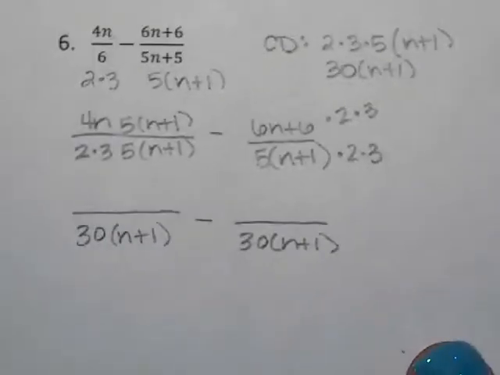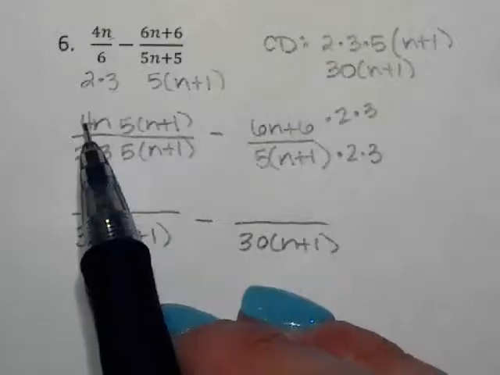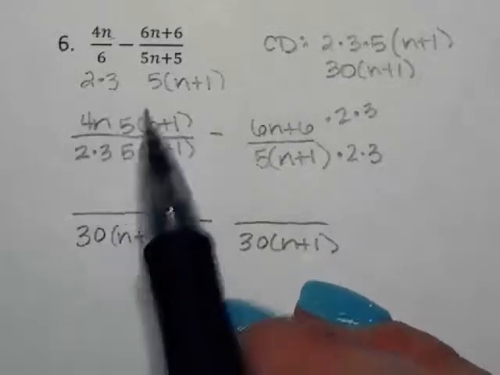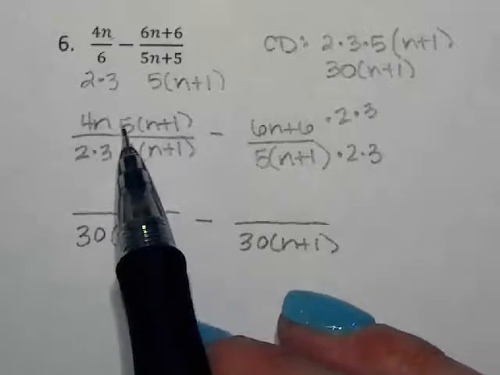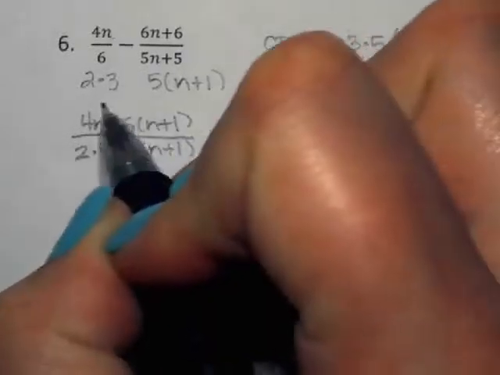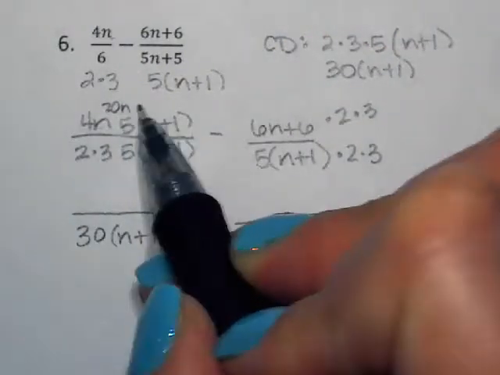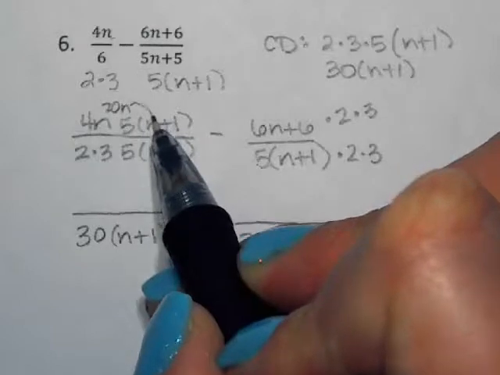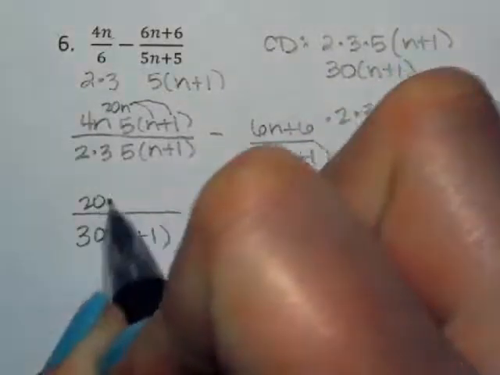What is 4 times n times 5? Okay, so if we have 20n, and we take that 20n and we distribute it to an n plus 1, what do we get? Okay.